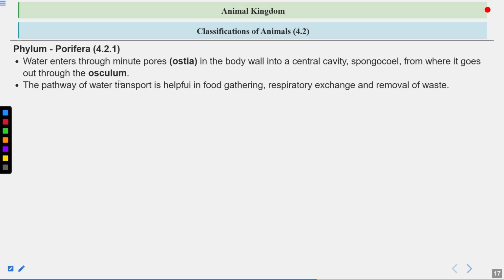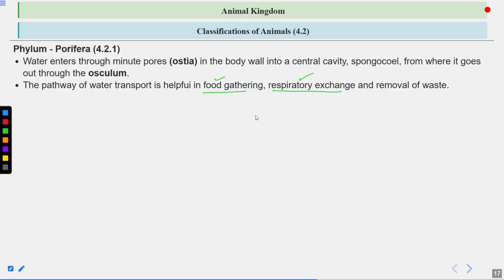The pathway of water transport is helpful in food gathering. Now this whole pathway means the entrance of water and the exit of water. So water is not coming only with water, it has some food material with it. It has dissolved oxygen in it, right? So the respiratory exchange, the oxygen is there. They have the food materials.